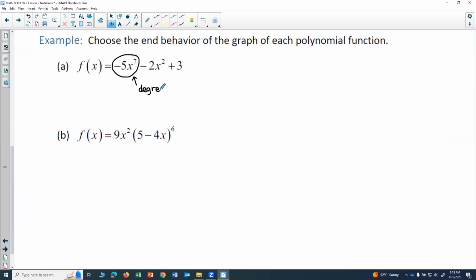So degree is the highest exponent. So degree in this case is 7, which is odd. And our leading coefficient is negative.